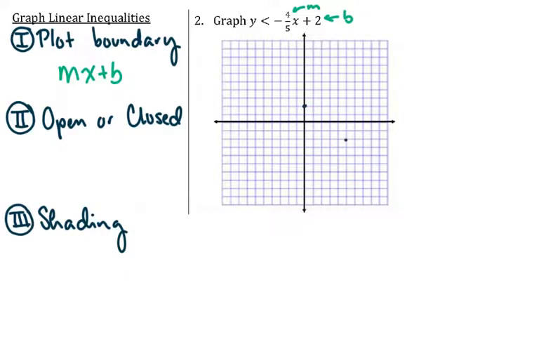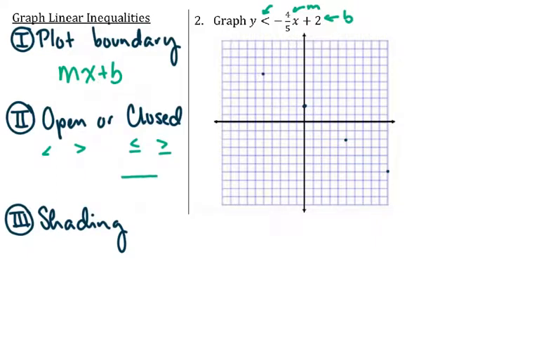I'm just going to draw in a couple more points. There's a reason I'm not drawing in the line, and you don't have to either right now. So once we've got a couple of points in there, let's talk about open or closed. So with open or closed, we're still looking at the inequality symbol. Open, in this case, meaning that it doesn't have an equal, or closed, meaning it does.